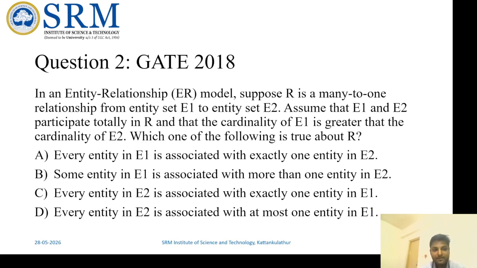Some entity in E1 is associated with more than one entity in E2. All the options here basically try to get the answer from you, whether you understand cardinality well or not. So 1 to 1, 1 to n, m to 1, m to n. If you understand, then it will be easy to give the answer.